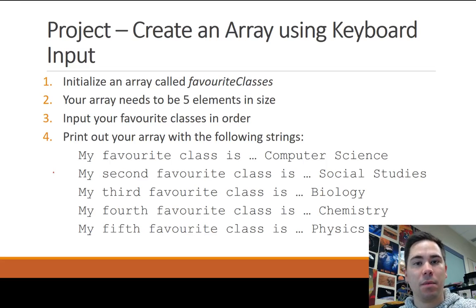My favorite class is computer science. My second favorite class is social studies. My third favorite class is biology. My fourth favorite class is chemistry. My fifth favorite class is physics. So you have to follow that format with the printouts. Make sure that you are using an array, not an ArrayList, and that you're taking user inputs.